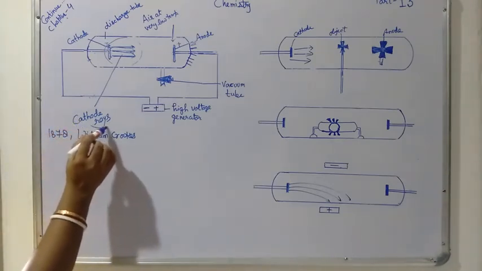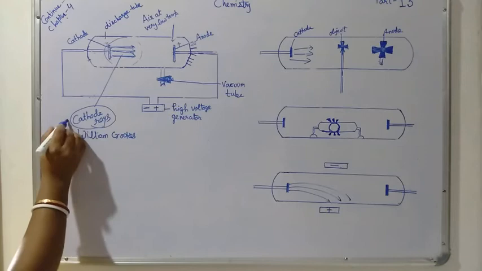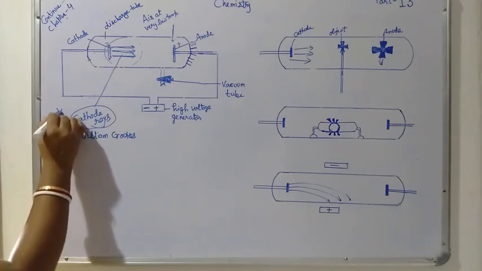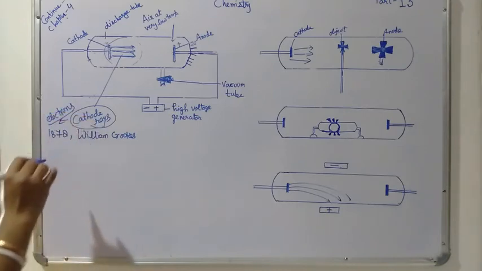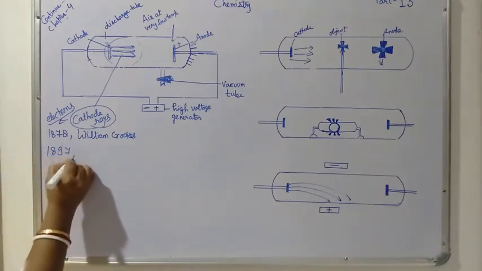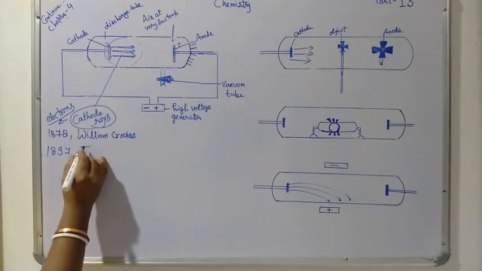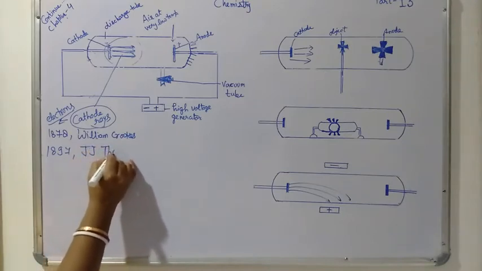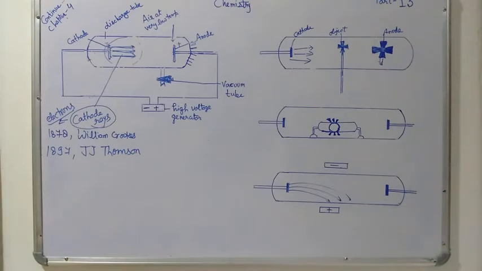These cathode rays were called electrons. Now one more scientist, J.J. Thomson, a British scientist, in 1897 was also working on the properties and the constituents of the cathode rays.